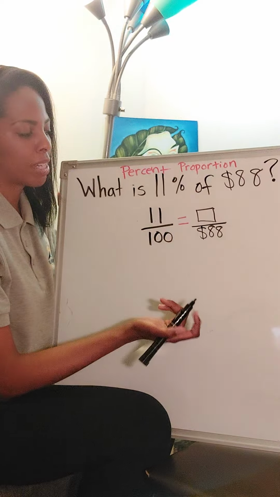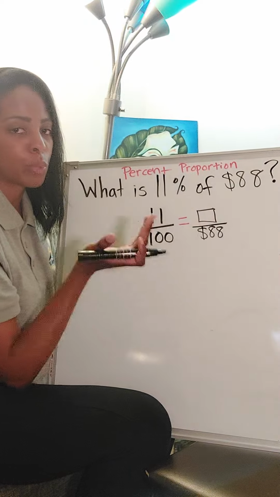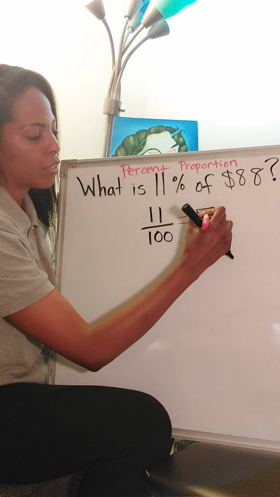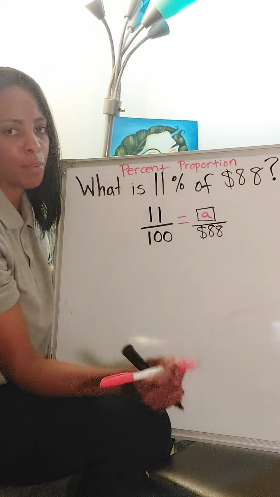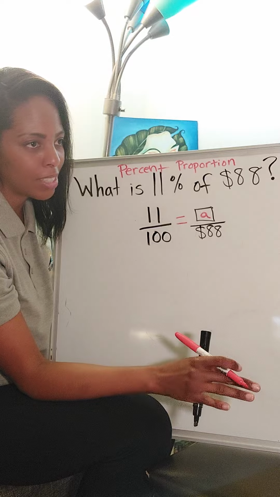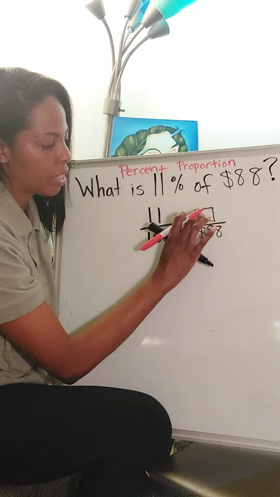In your classroom, you might see a variable, which is a letter that represents an amount that we don't know. So you might see the letter A. A lot of times in math class, you'll see a lowercase a written this way. I highly recommend writing a capital letter A. Why?